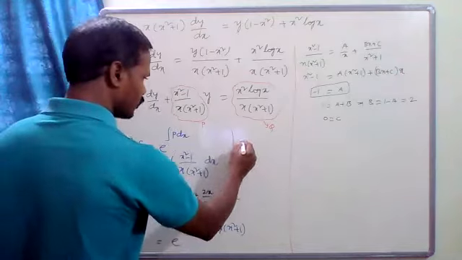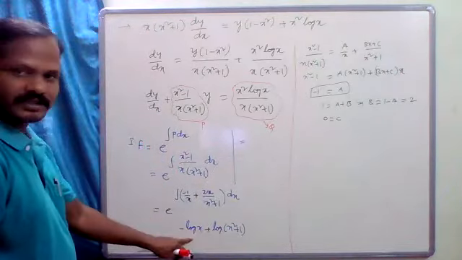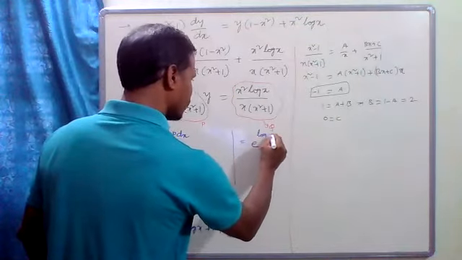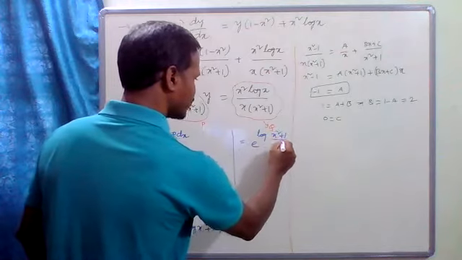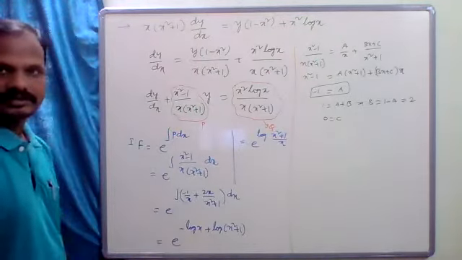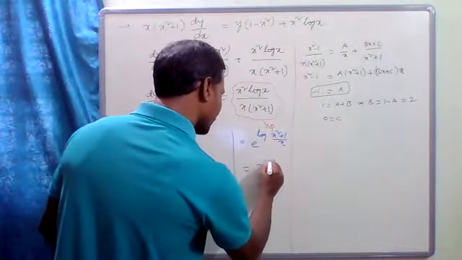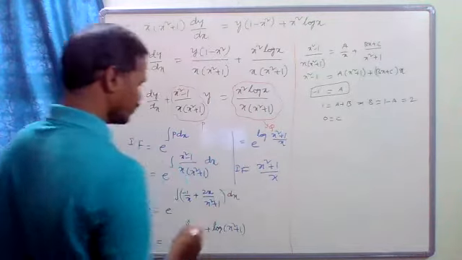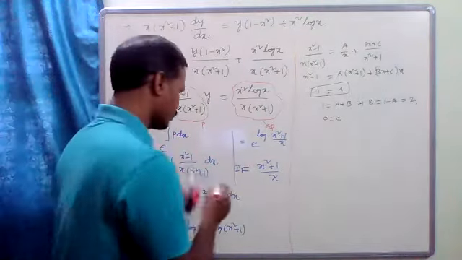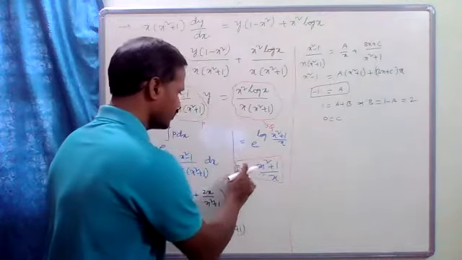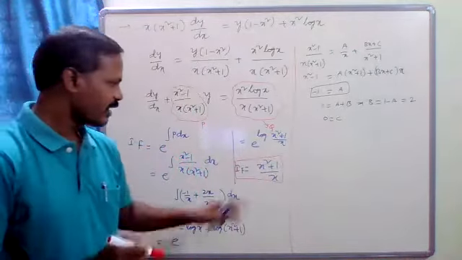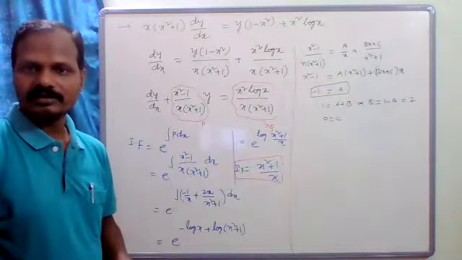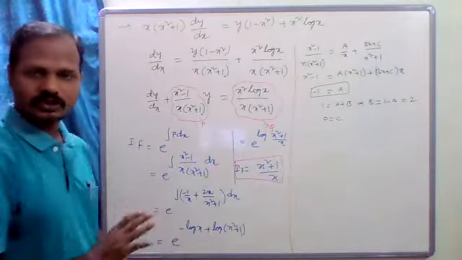Now this is log a − log b, log(a/b). So e^log((x² + 1)/x), so this is equal to (x² + 1)/x. So this is the IF. Yeah, clear? IF = (x² + 1)/x. Once you get the IF, it is easier to solve the problem.